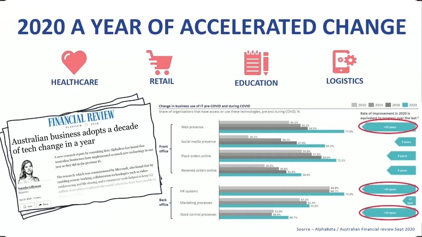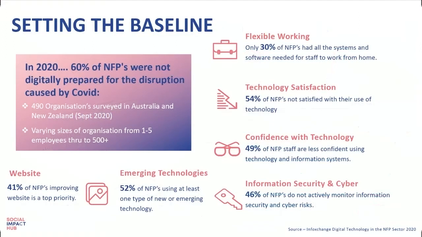And that is just within the first 6 months of last year, particularly in areas around web presence or HR systems where people are working from home and being more flexible and mobile in where they're working. But that should be really setting the baseline for where we're going forward in the future.